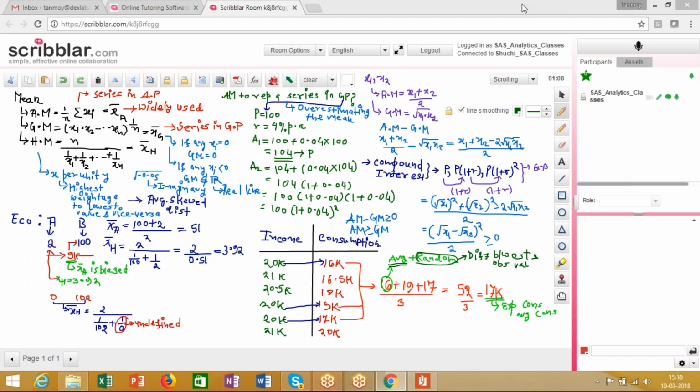So simple arithmetic mean is the definition that I have written over here: 1 by n, summation xi. Now weighted arithmetic mean is written as x bar weighted, so I'll write it as W over here.